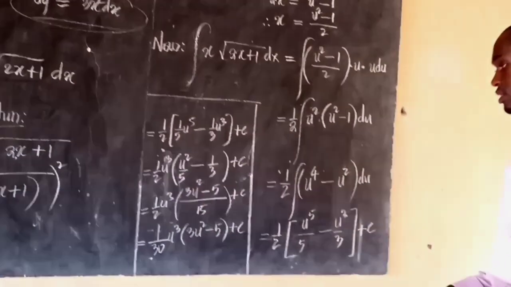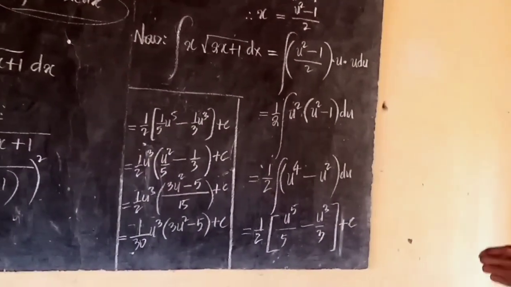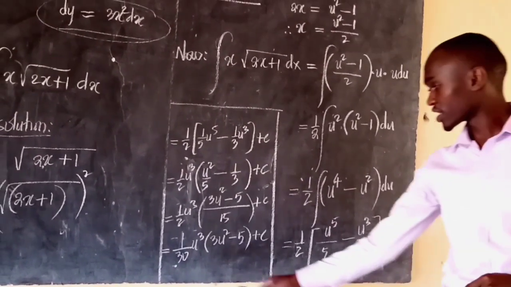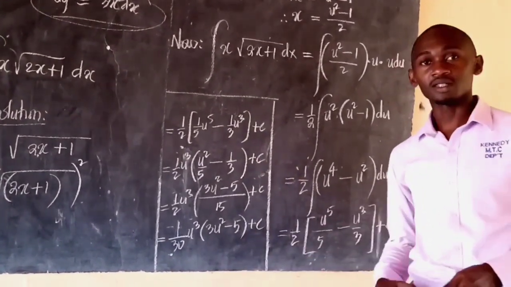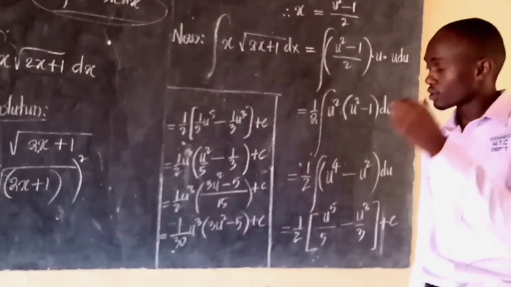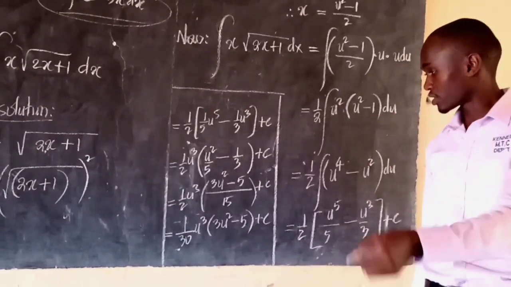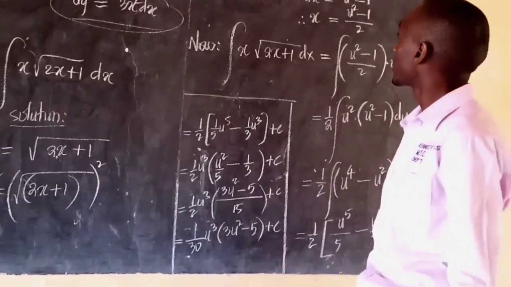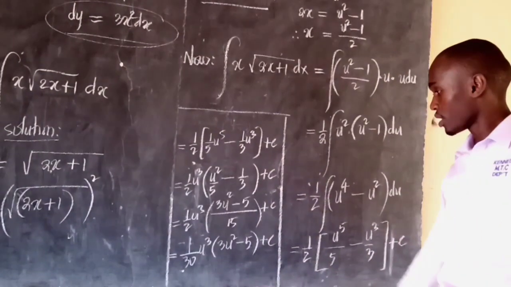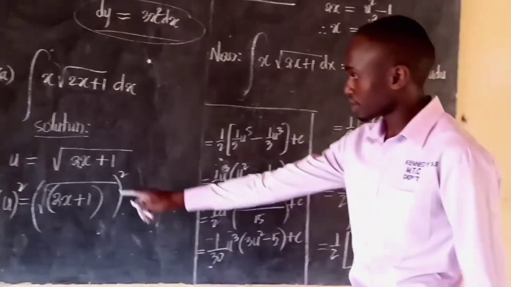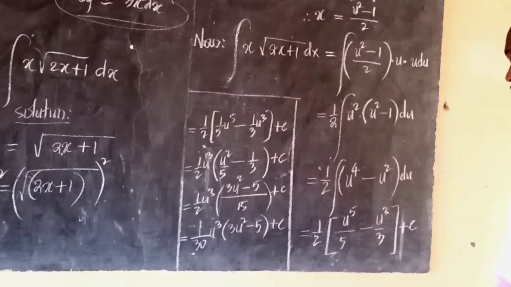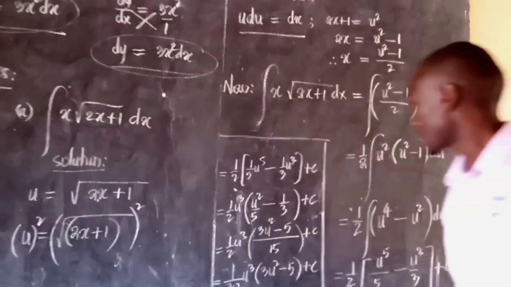Remember, candidates, that the original question was in terms of x, but your variable which has helped you reach the final stages is u. Don't lose control. Don't forget to take it back to the original question. So at this stage, we are finalizing. We simply have to recall what is u. U is the square root of 2x plus 1, and then substitute back to end the stage.